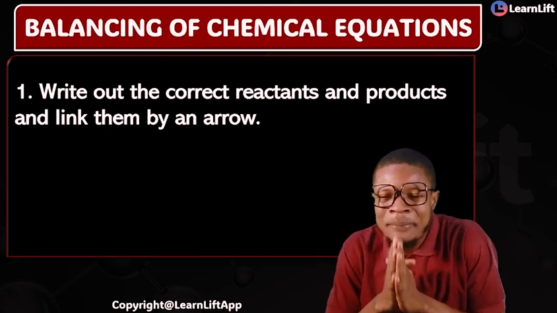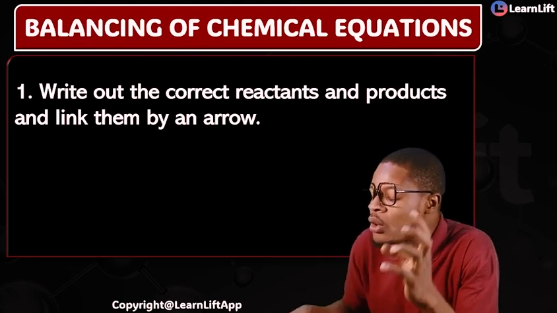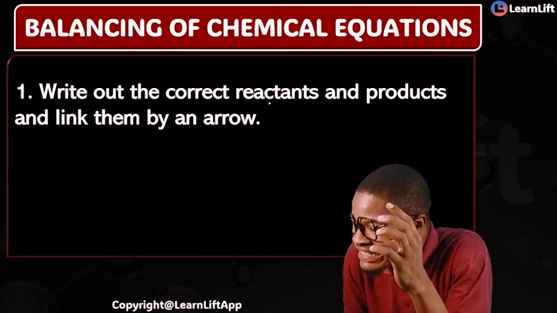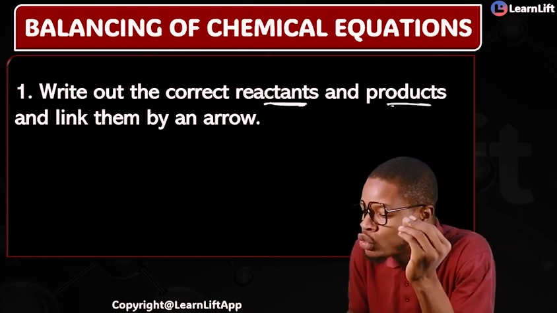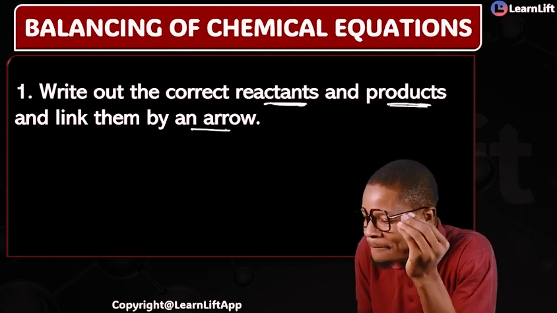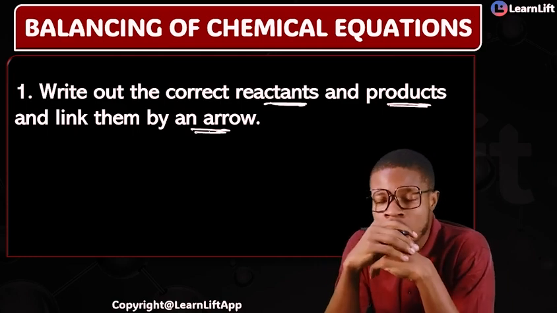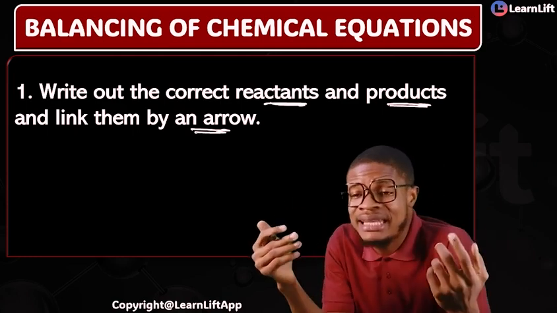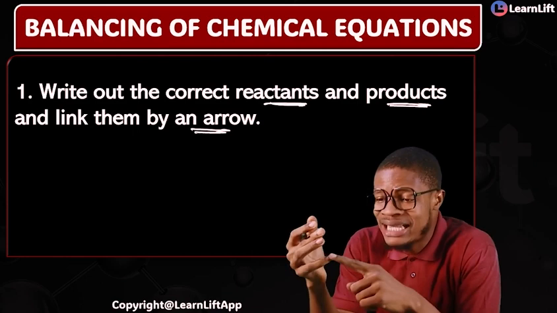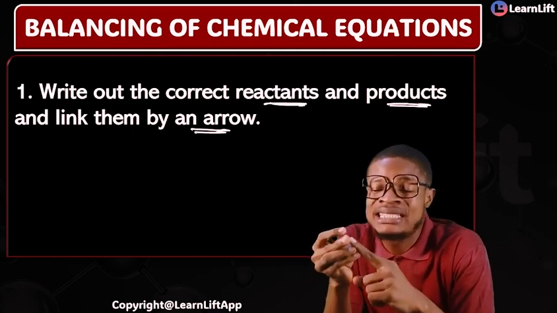Now, please, number 1, write out the correct reactants and products and link them by an arrow. So, if I'm to balance a chemical equation, I'll write out the correct reactants and the correct product, and then I'll link them with what? Arrow.